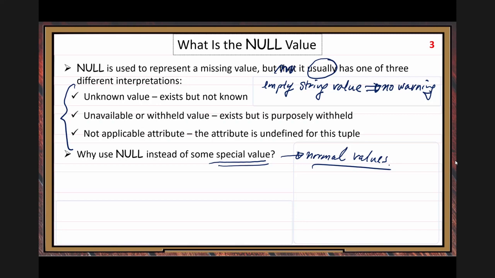But actually, there is something special here. Not quite normal. So you want people to fix the problem as soon as possible. If you put normal values there, people may never fix the problem. That's the main difference.